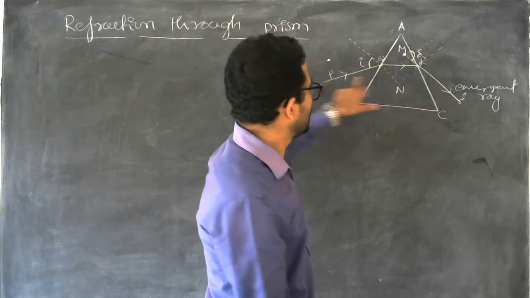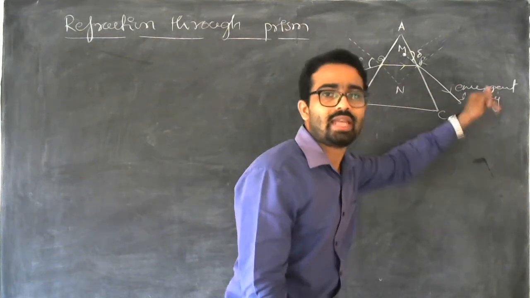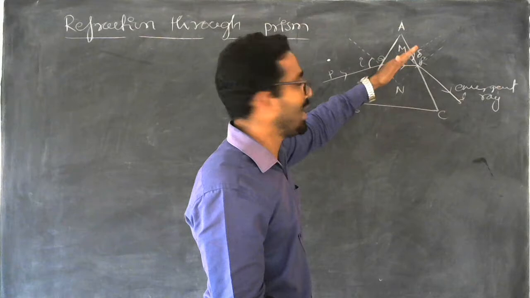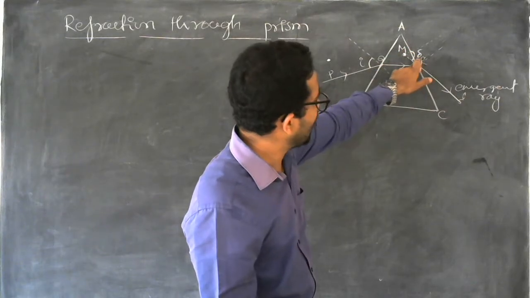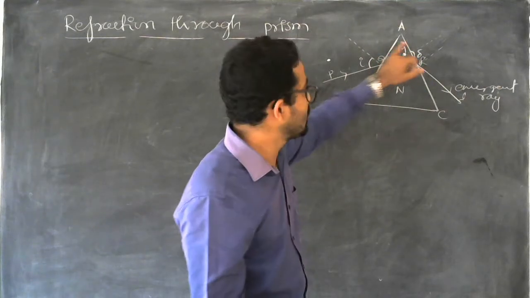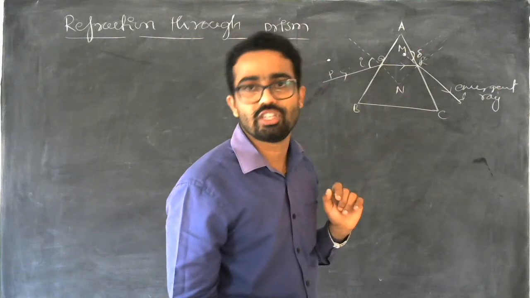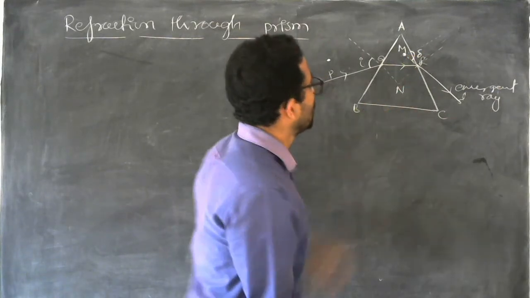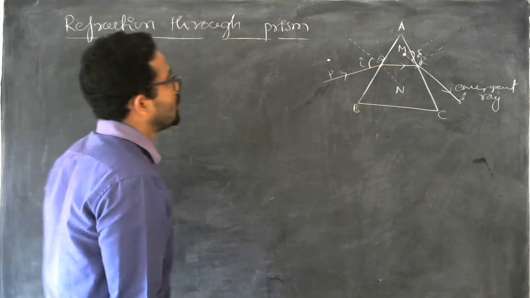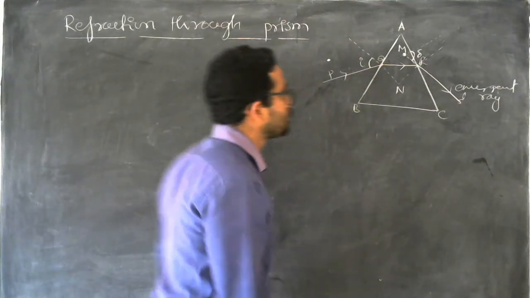Finally, this ray is moving in this direction. So by what angle has it deviated? By the angle delta. This is called the angle of deviation.